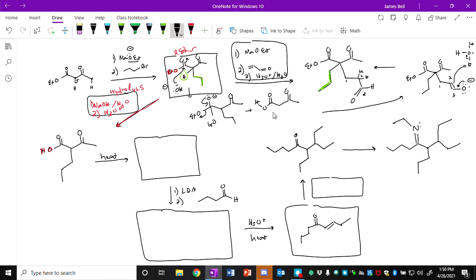But it won't stay that way because the OEt that left is a nice strong base. It'll pick up this proton. And so that's why we need the H3O plus in a second step to put that proton back on and produce the carboxylic acid group there.